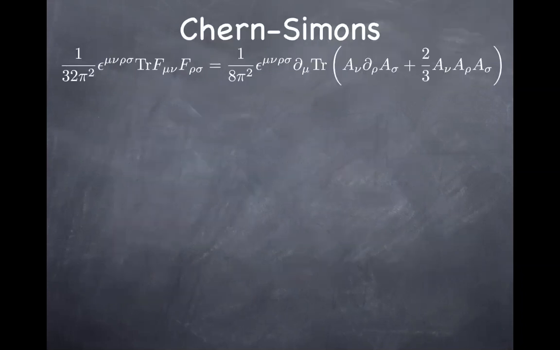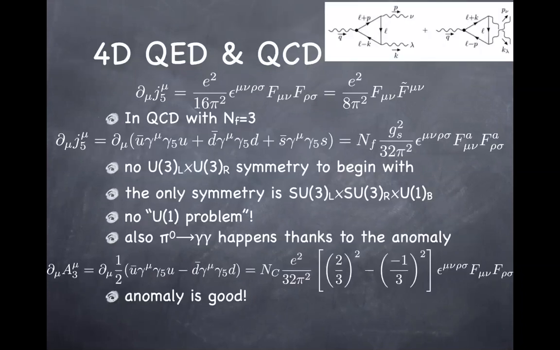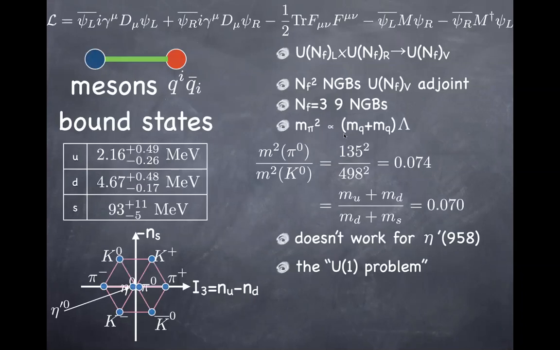Sorry, I have another quick question. So what actually ends up setting the mass scale of the pion, the meson? Is it related to the axial current? Yeah, so the meson mass squared is the consequence of how much chiral symmetry is broken, because if it's not broken, then they are supposed to be exactly massless Nambu-Goldstone bosons.